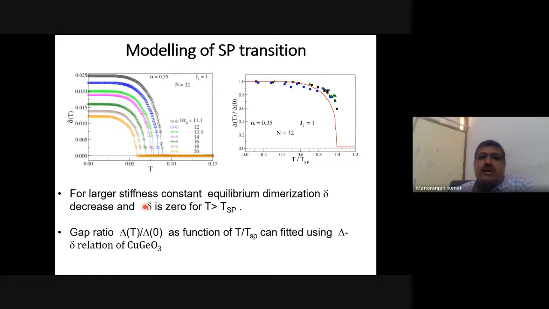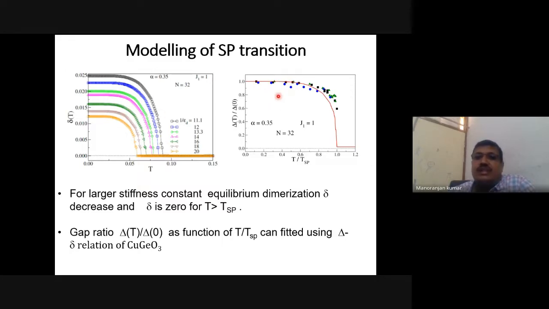So when you plot this equilibrium dimerization as a function of temperature for different ED, you see here that as you keep increasing ED, this value is going to decrease.